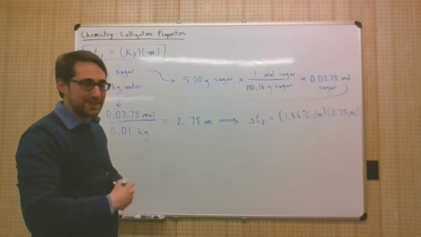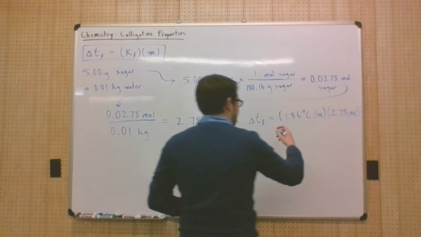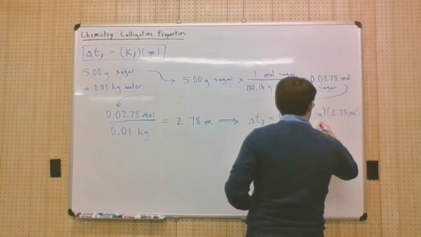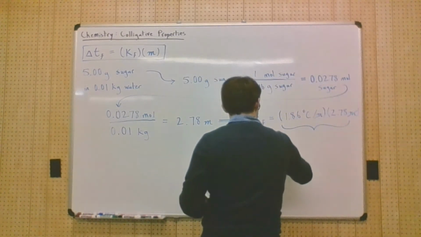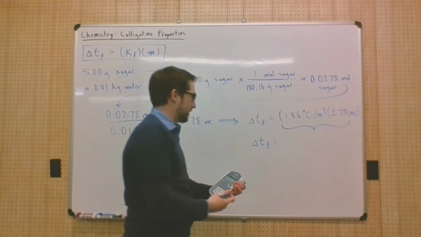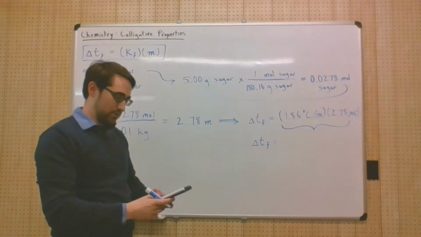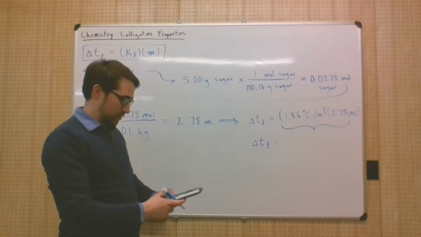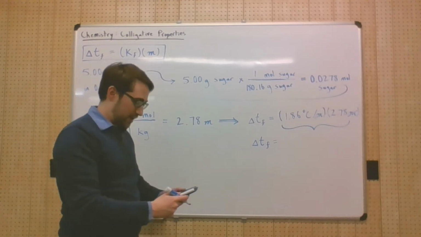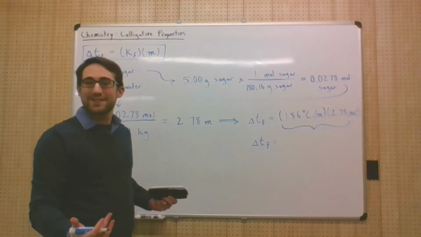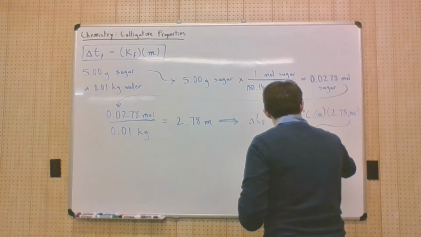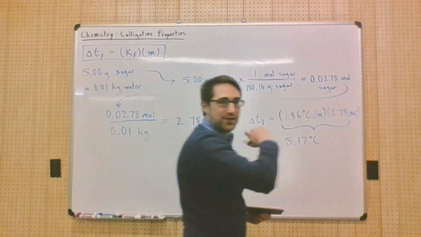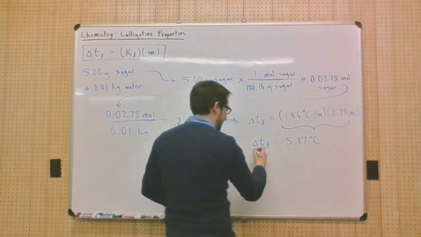So 1.86 times 2.78. Let's see. Get about 5.17-ish degrees Celsius.